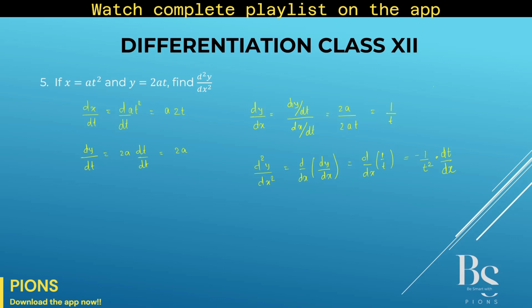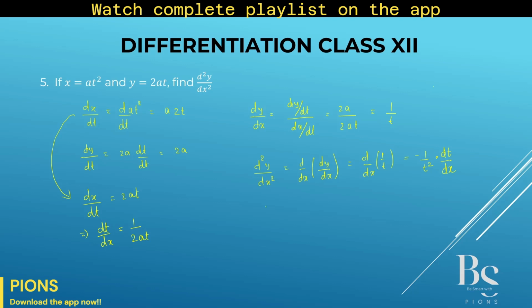Sir, how to get dt by dx? Let's look at the first equation over here. From here, dx by dt was nothing but 2a. So this implies dt by dx will be equal to 1 upon 2a. Be very careful, reciprocate dx by dt.